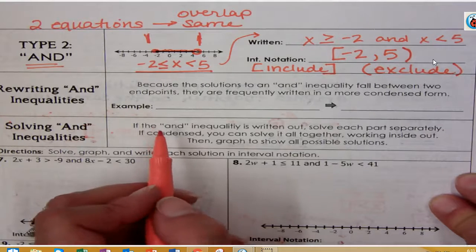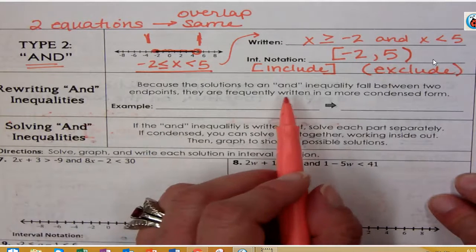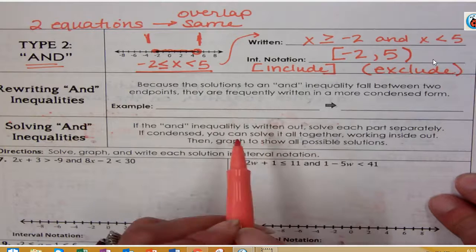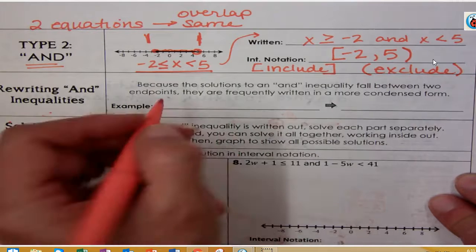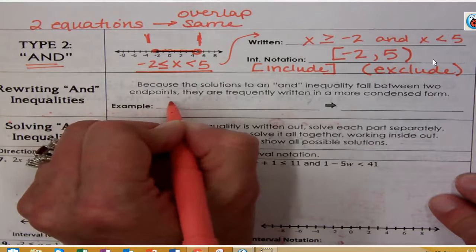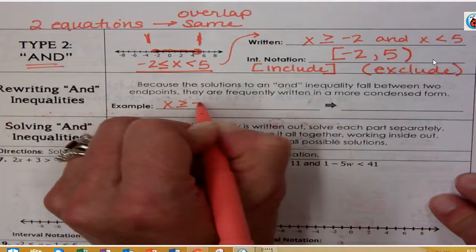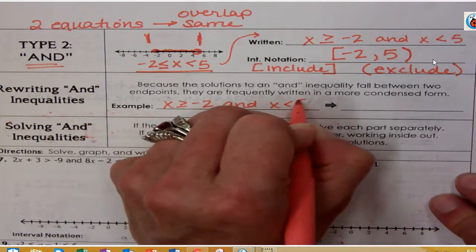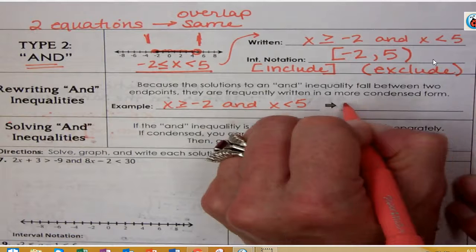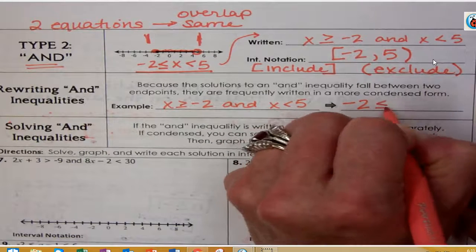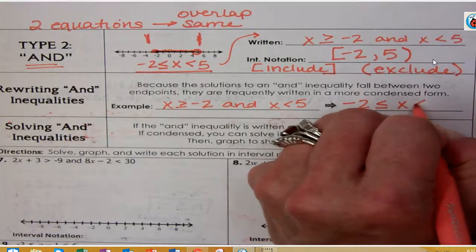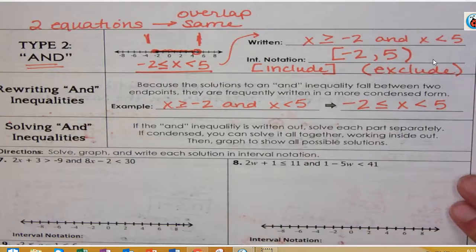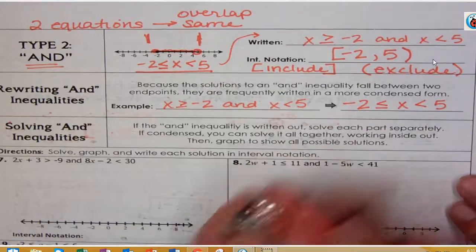All right, so because the solutions to an and fall between the two endpoints, we can write it either as x greater than or equal to -2 and x is less than 5, or we can go ahead and put -2 less than or equal to x less than 5. This is just a little bit cleaner.